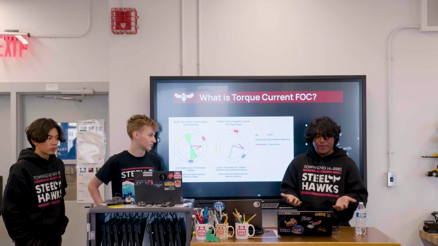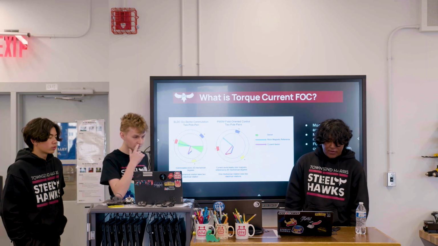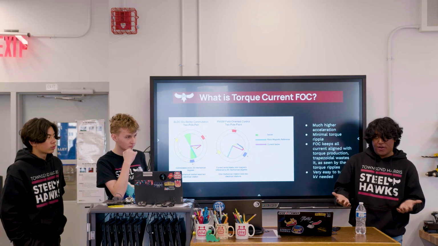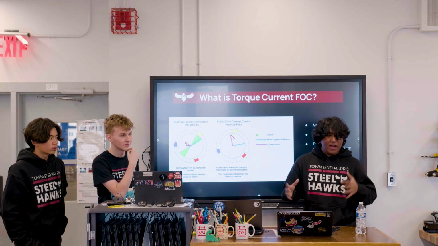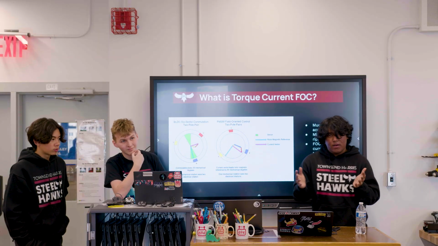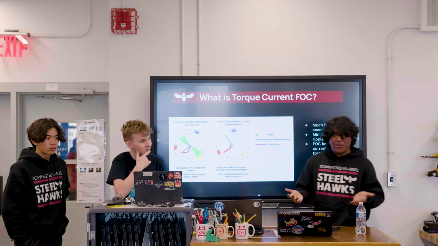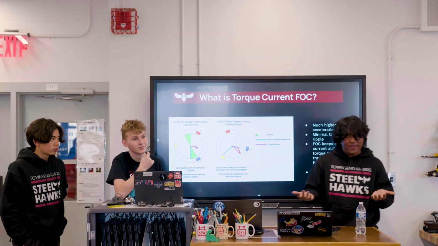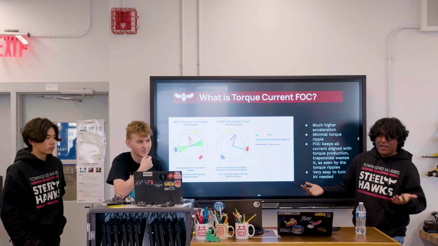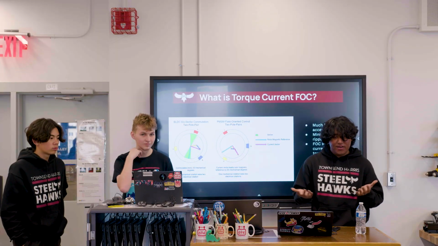If you use current, your PID values and all your other values are magnitudes higher. So you shouldn't be worried about going higher and higher, because I know it gets scary when you're running a proportional control really, really hot. But it's just the nature of how torque current and current works.